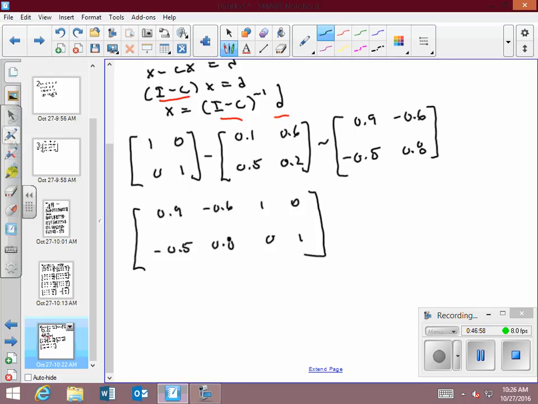This is the I minus C, I, and then we want to convert it into I and I minus C inverse. That matrix converted into this matrix.